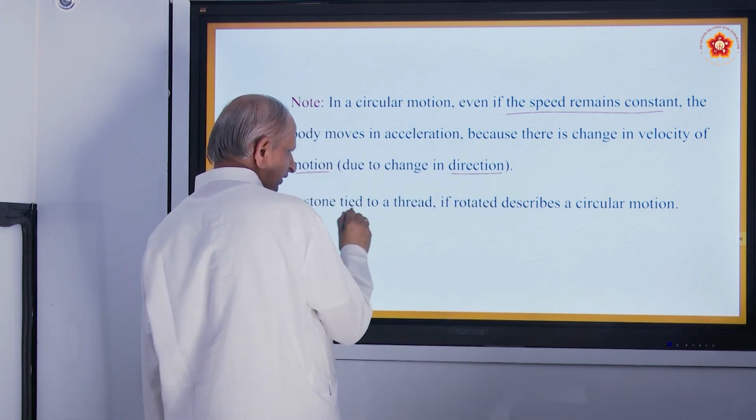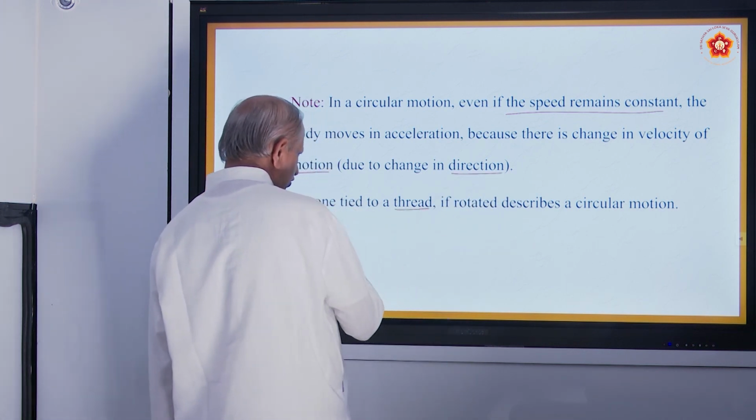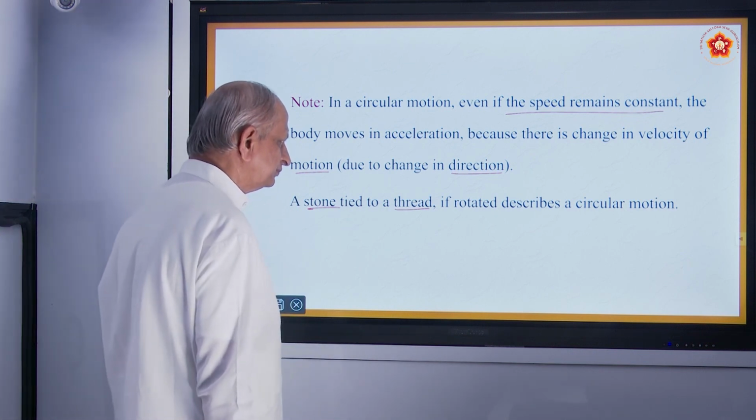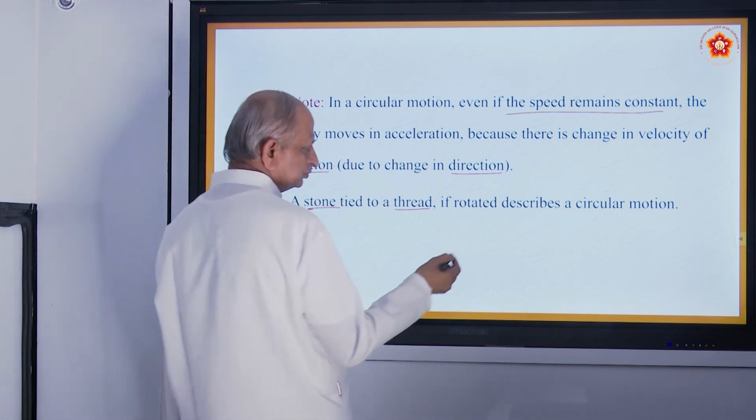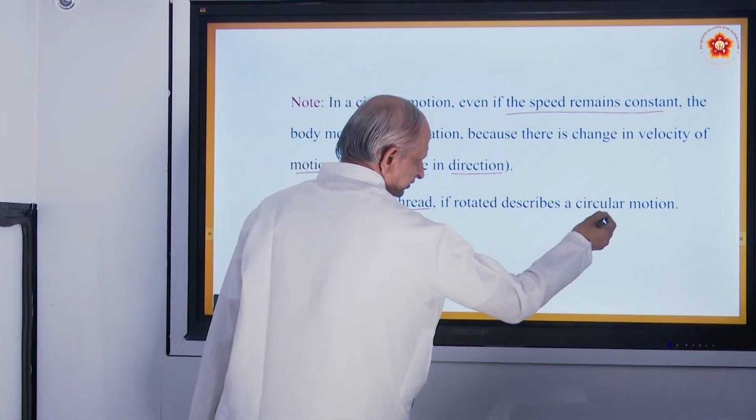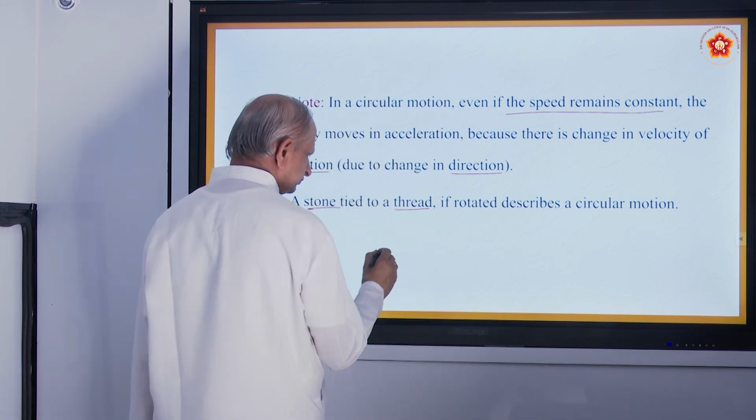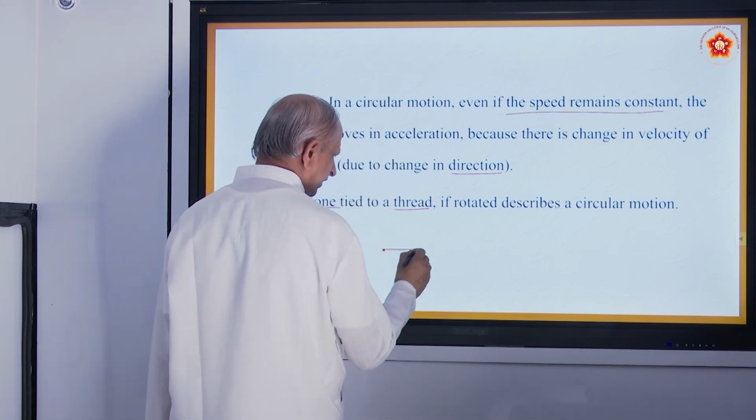Same experience you can see in the case of a stone tied to a thread. Just now I have shown you, it rotates and describes a circular motion. You can also experiment from there.